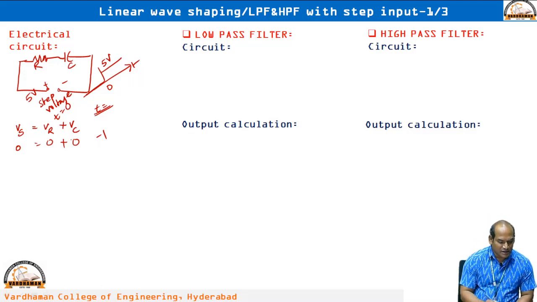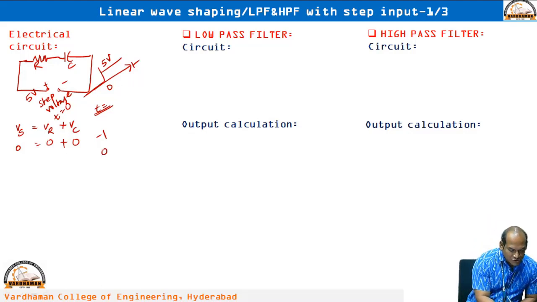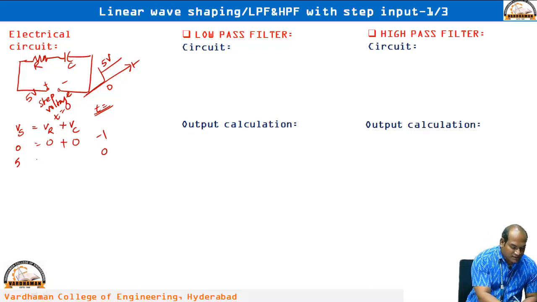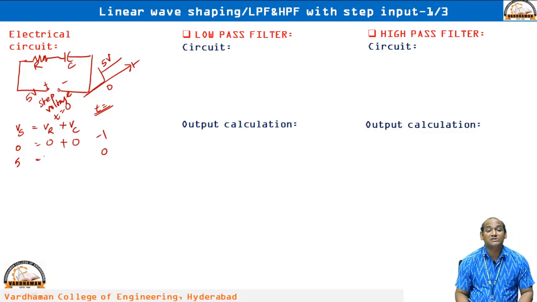Okay. Now, exactly at t is equal to 0, the supply becomes 5 volts. Listen carefully now, this is a key point. At t is equal to 0, the supply changes from 0 to 5 volts. So, I am taking t is equal to 0 plus only. The supply voltage is 5, but the capacitor does not allow sudden changes in voltages.